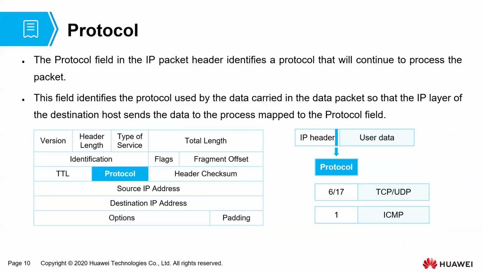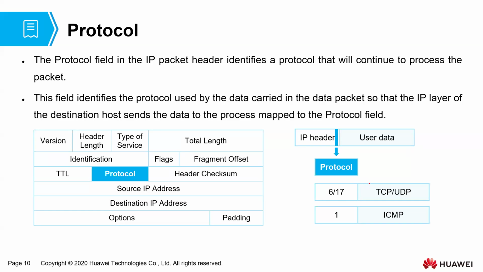Protocol field, I think we're going through every field here. The protocol field identifies the protocol that will continue to process the packet. It identifies the protocol used by the data carried in the packet, so that the IP layer of the destination sends the data to the process mapped to the protocol field. Usually, you can look at the layer 4 protocol that is being used.